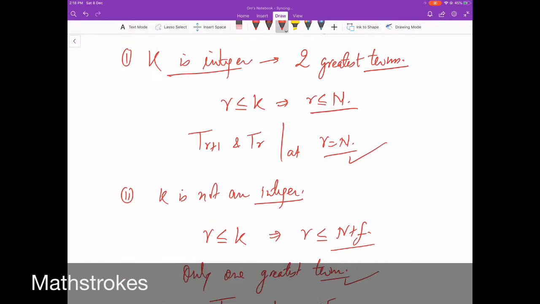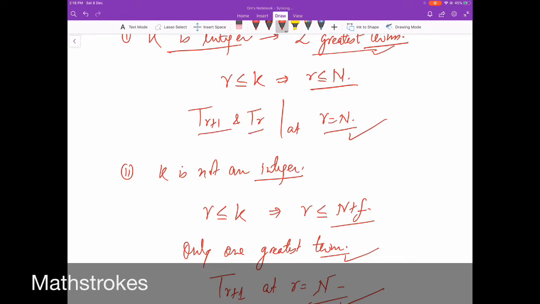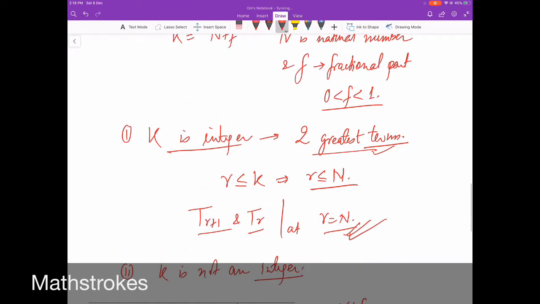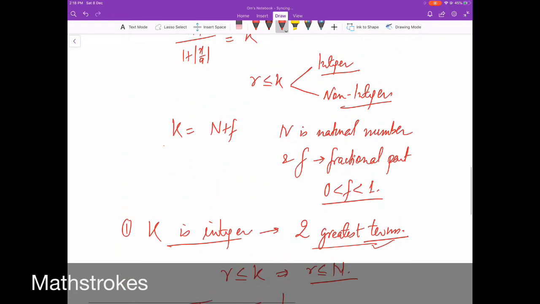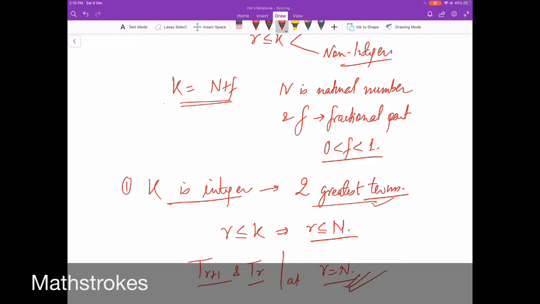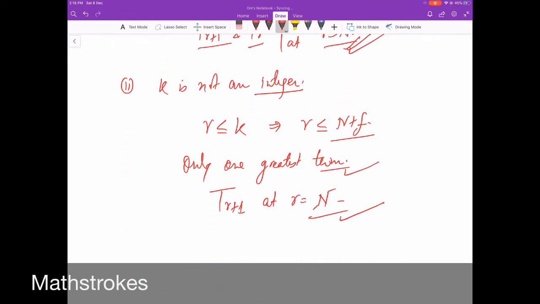If it is an integer, I will get two equivalent greatest terms, and those will be t(r+1) and t(r) at r is equal to n. Fine. And how to find n? This is the relation to find n. And if k is not an integer, then I will have only one greatest term, and that will be t(r+1) at r is equal to n.